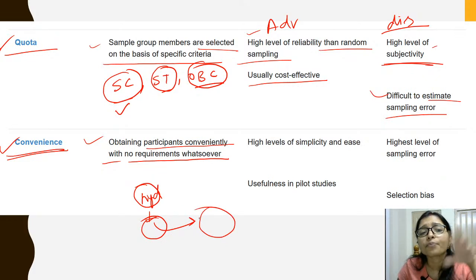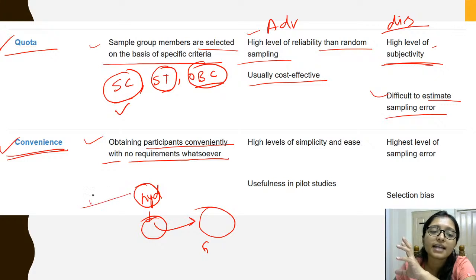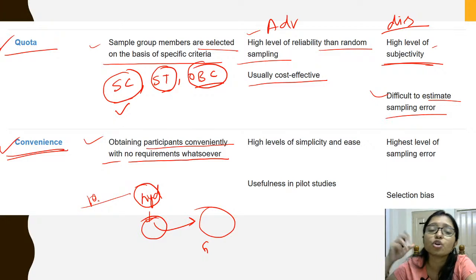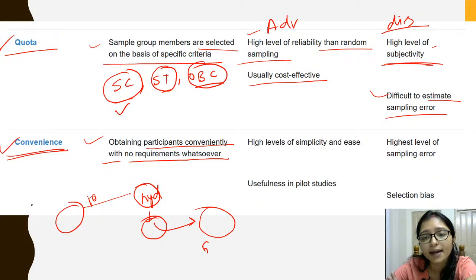But maybe if I select this area which is a green zone, there will be no positive case, right? But if I go 10 kilometers from my house, the distance of 10 kilometers, there is a red zone. So from that red zone maybe so many positive cases can come, right?